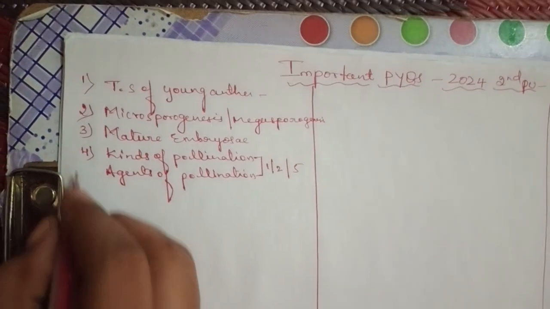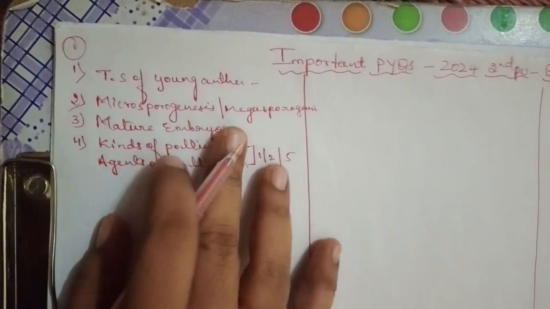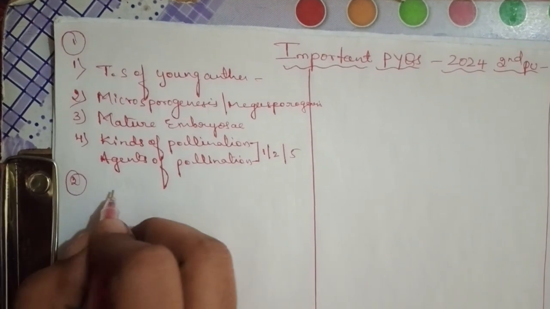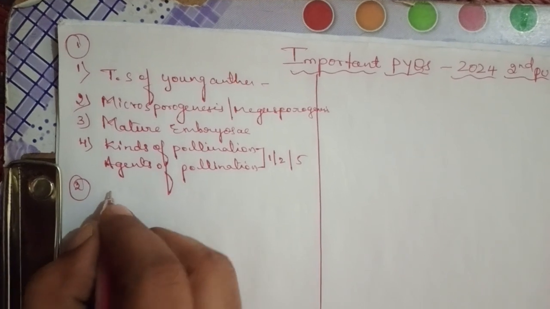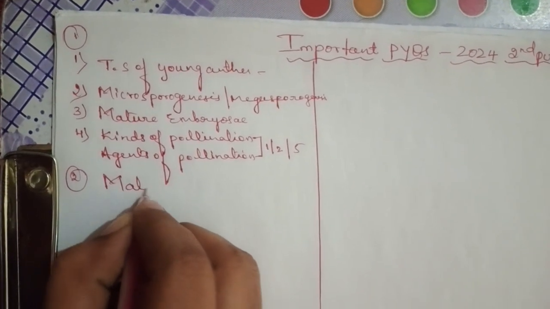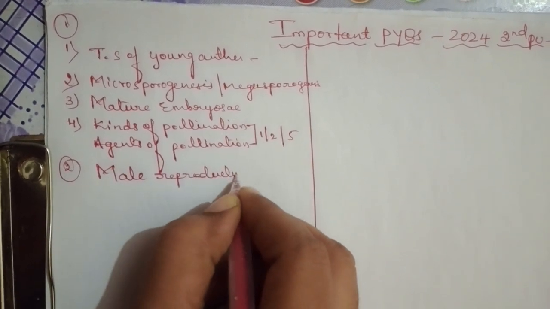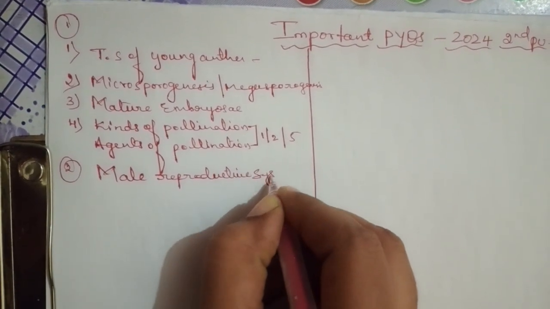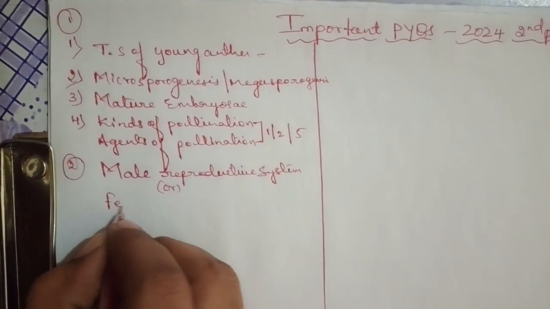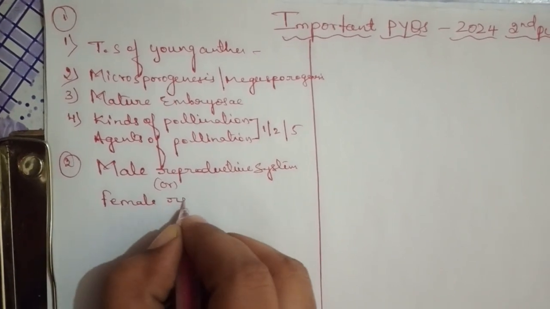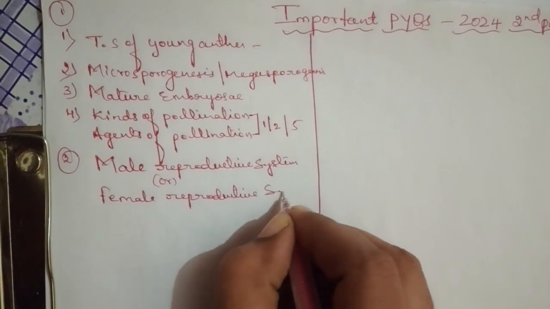So this is the first chapter, reproduction in flowering plants. Followed by the second chapter, human reproduction. From that chapter, the most important fixed type of question is the male reproductive system, or instead of that, the female reproductive system.